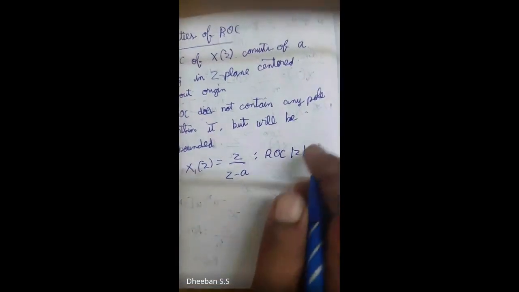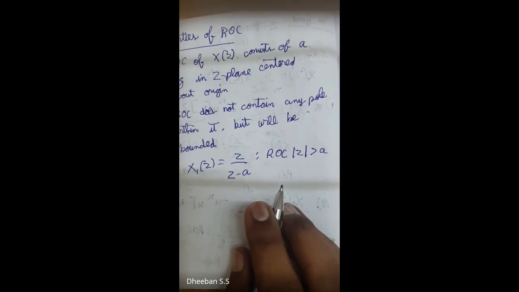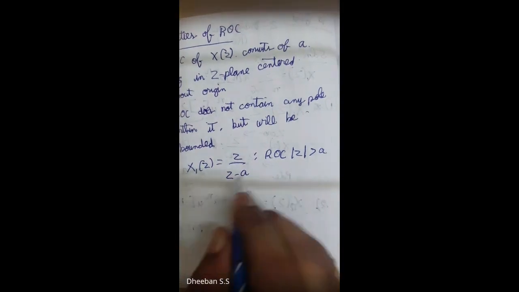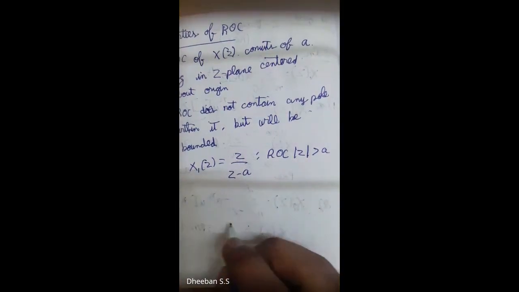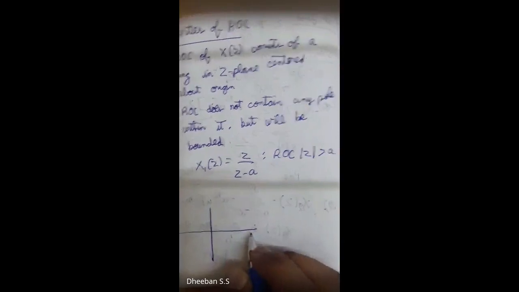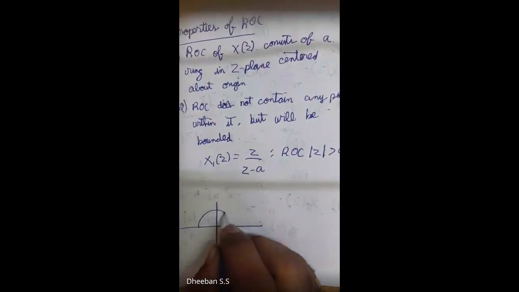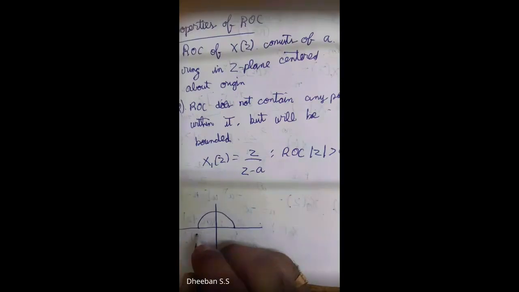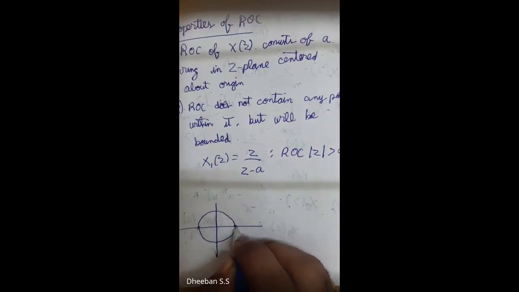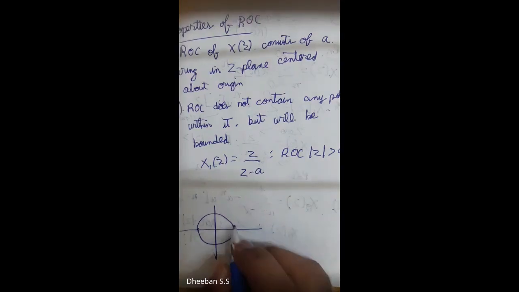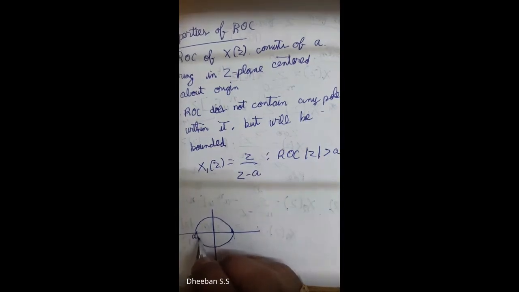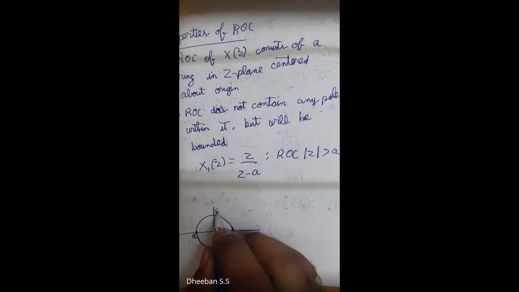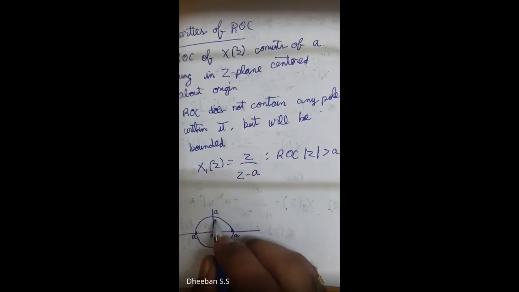In the z plane, this is the circle of radius a, from the origin to a.